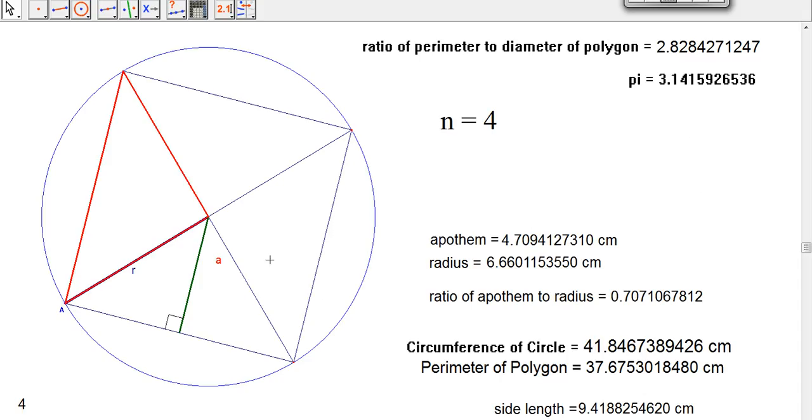So here I can see the diagonal with the circle in place. Okay, so the ratio of the perimeter to the diameter of the polygon, not the circle.